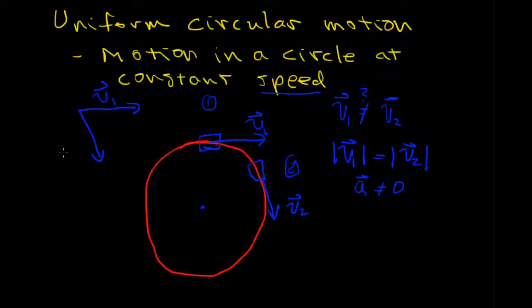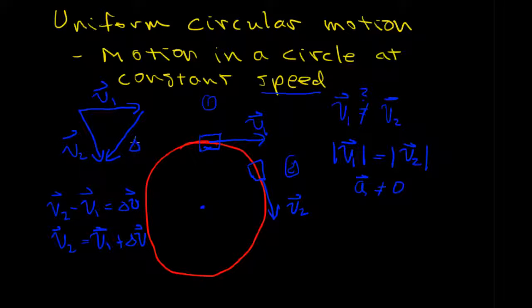If v2 minus v1 is equal to delta v, or v2 is equal to v1 plus delta v, then delta v must be this, so that when we add v1 to delta v, we get v2. You could go back to our old way of subtracting v1 from v2 and drawing it that way, and you would get the same answer.